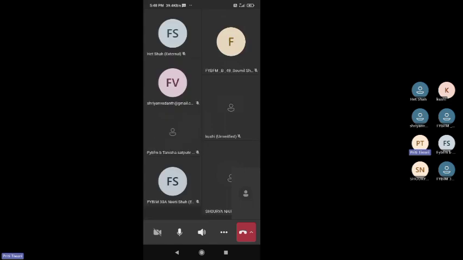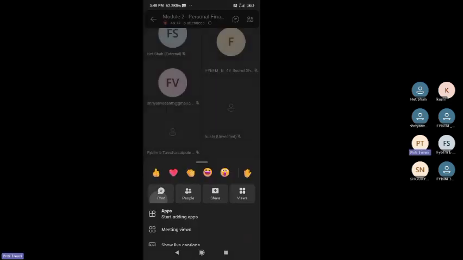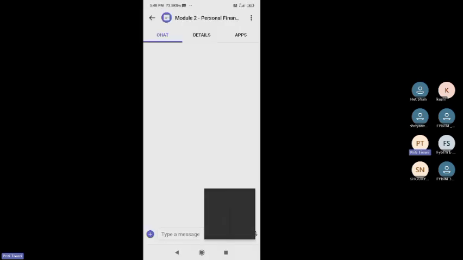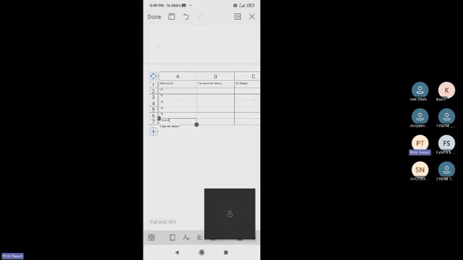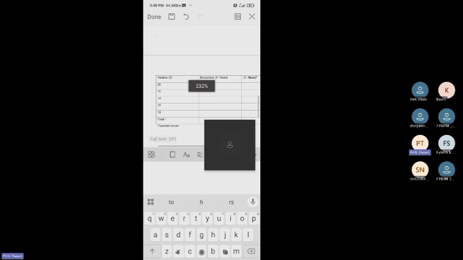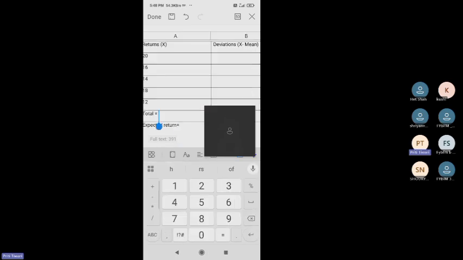Okay, only one of the students has written the answer. Only Neeti has answered. What about others? 20 plus 16 plus 14 plus 18 plus 12. So we have a total of 80.